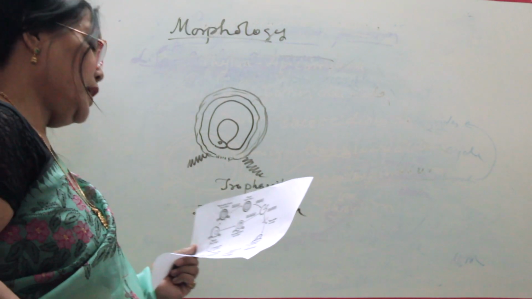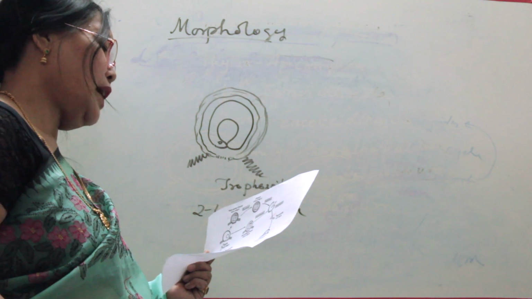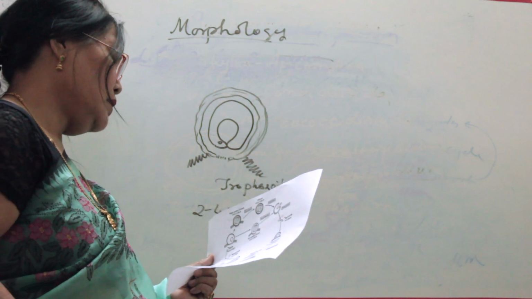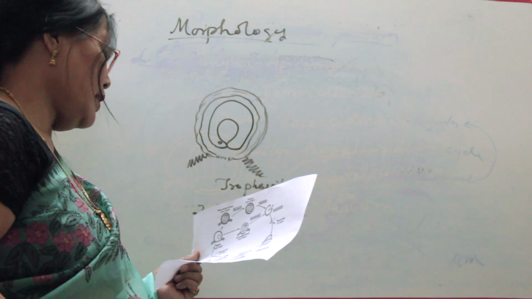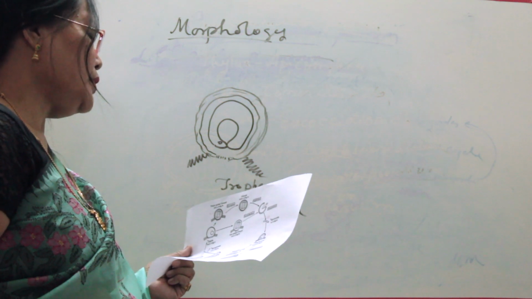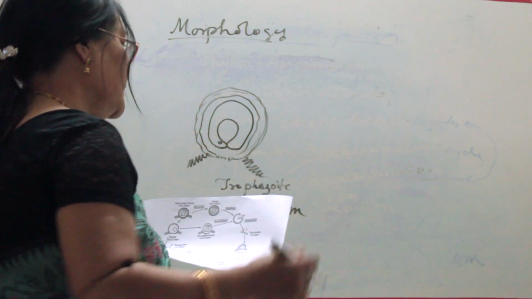Then the next stage is the type 1 meront and the type 2 meront stage, where merozoites are formed.